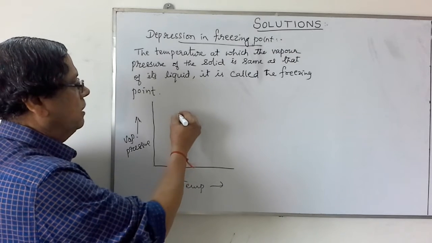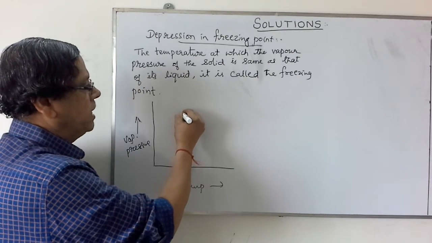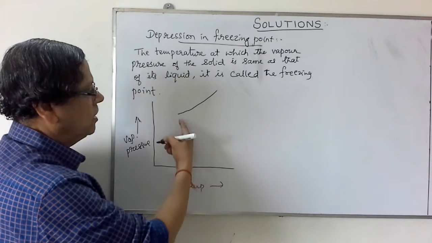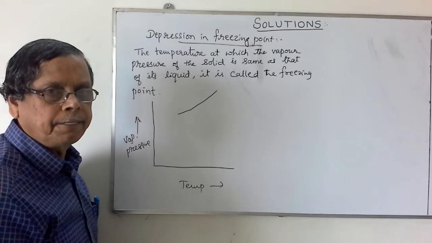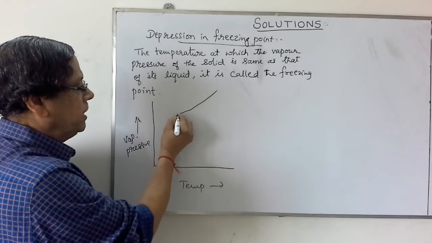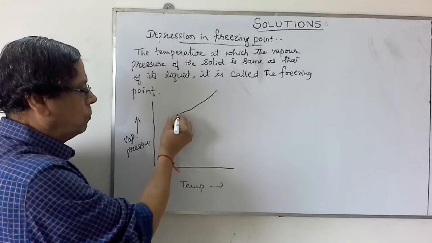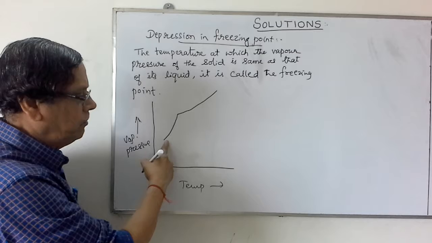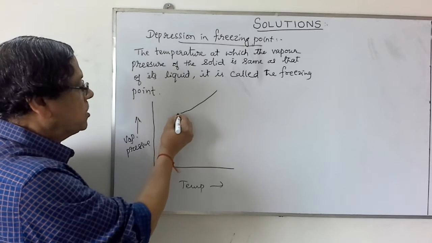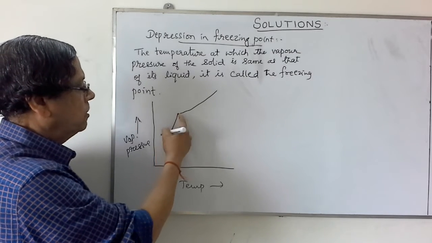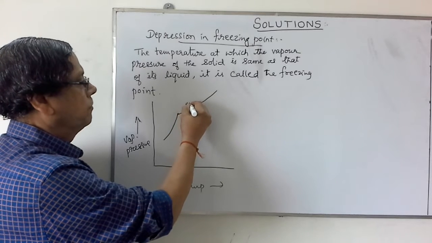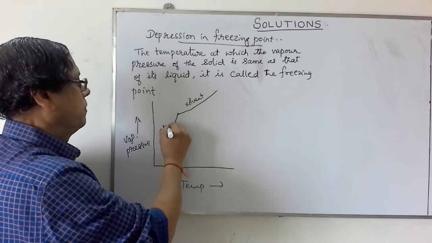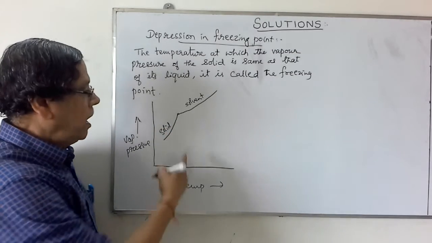When we consider the vapor pressure of the pure solvent, it has this variation. As the temperature increases, the vapor pressure of the solvent increases. At this particular temperature, when it is further cooled, the vapor pressure of the solid solvent decreases. So at this temperature, the vapor pressure of the pure liquid solvent and solid solvent are identical.